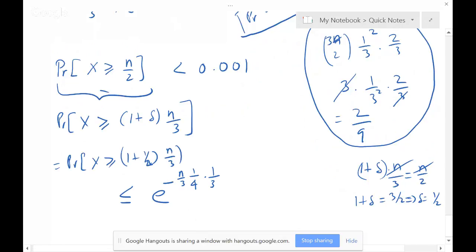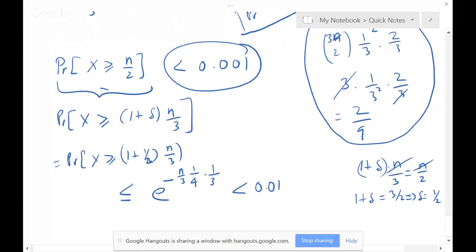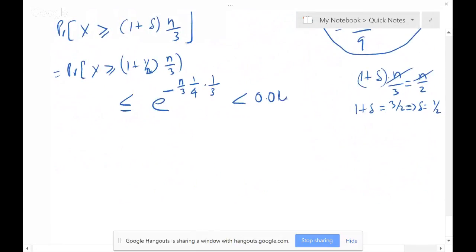And we want this whole thing to be less than 0.001. Now we just have this inequality, and we just have to solve for n.